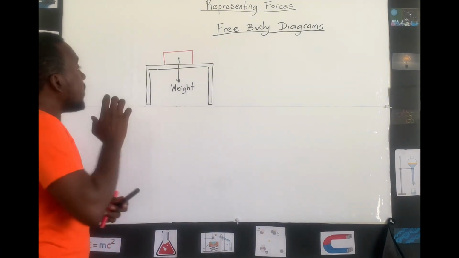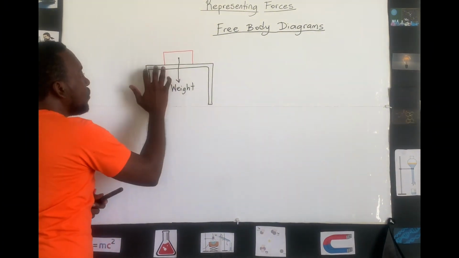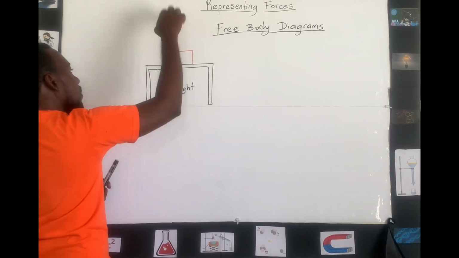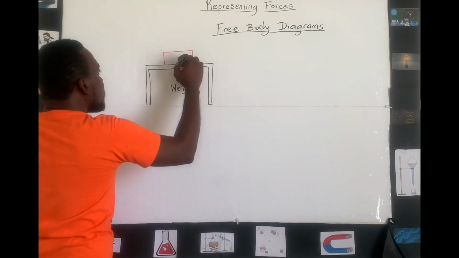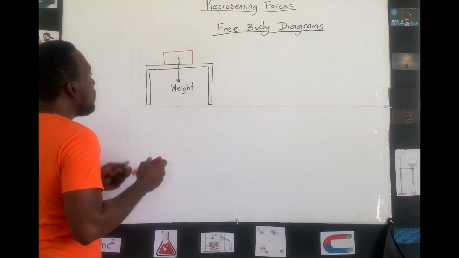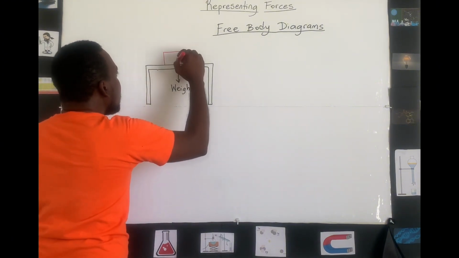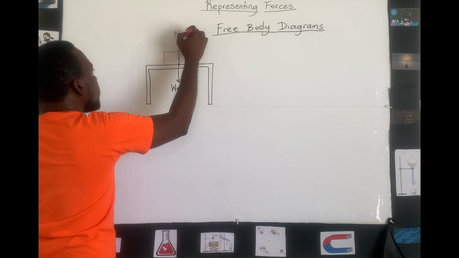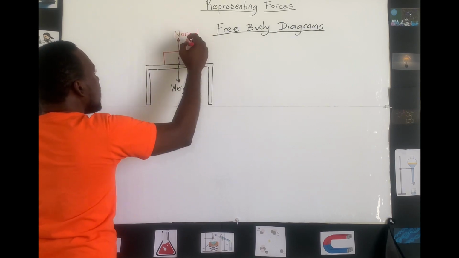But because this force is pushing down on the table, the table is exerting that same force back up on the book. So from the surface of your table up, in that same line of action, we have this force called a normal force. Right?